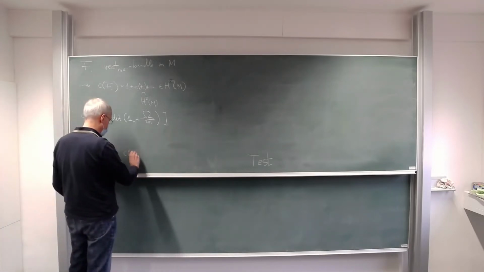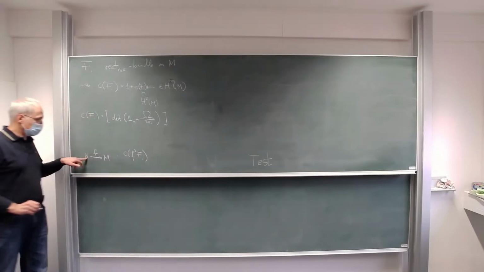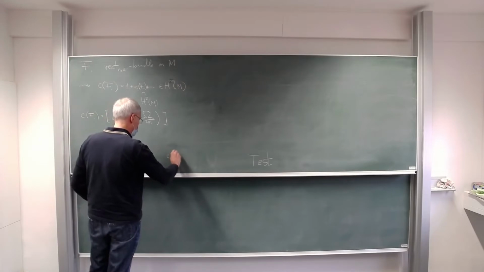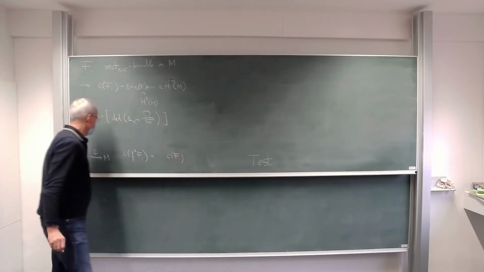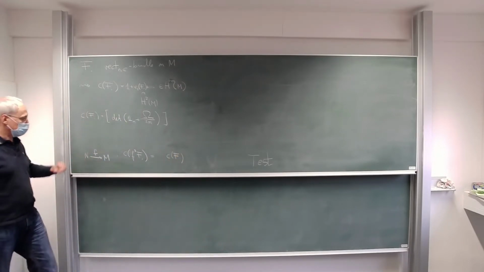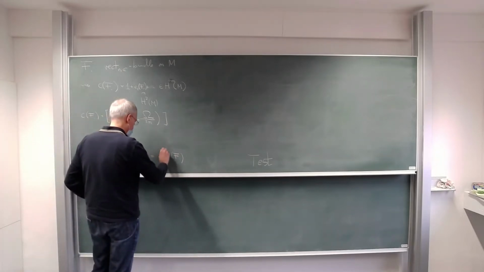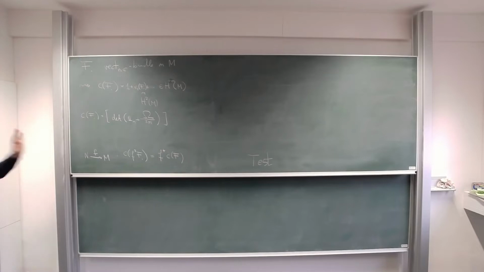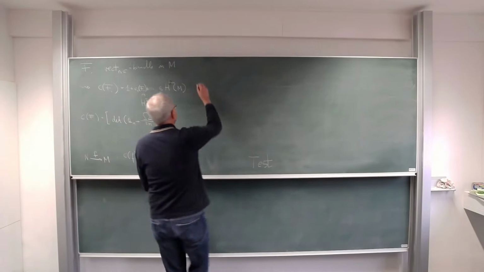So if we compute the Chern class of the pullback bundle, which is a bundle over N, then that is the same thing as taking the Chern class of the original bundle, which is a cohomology class of M, and pulling back this cohomology class. That's called the naturality of characteristic classes. So we have this for all characteristic classes, in particular for the Chern class.